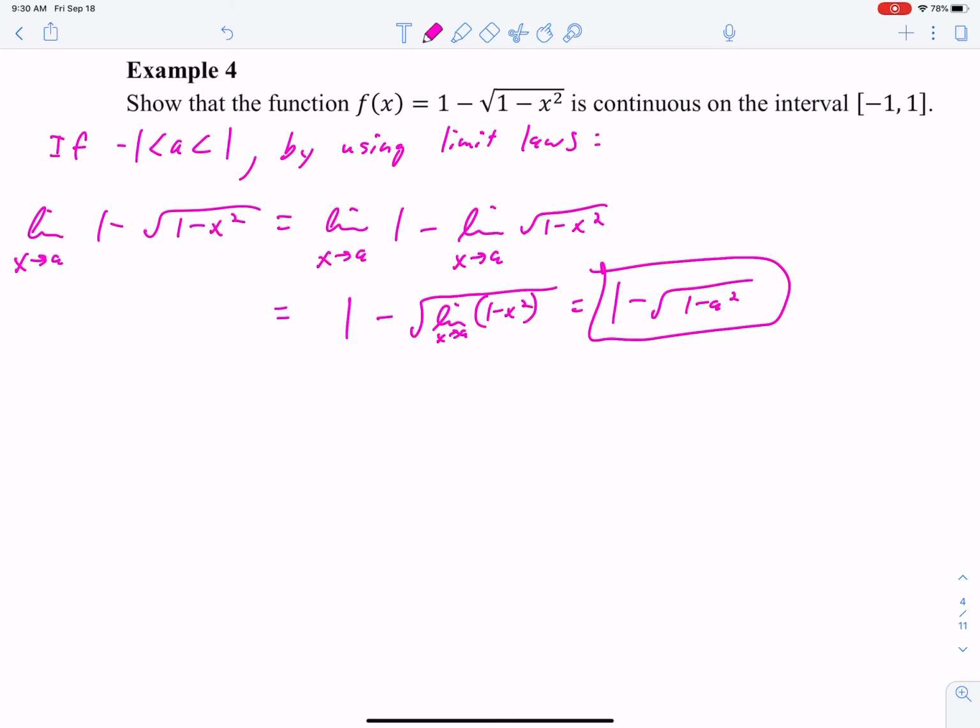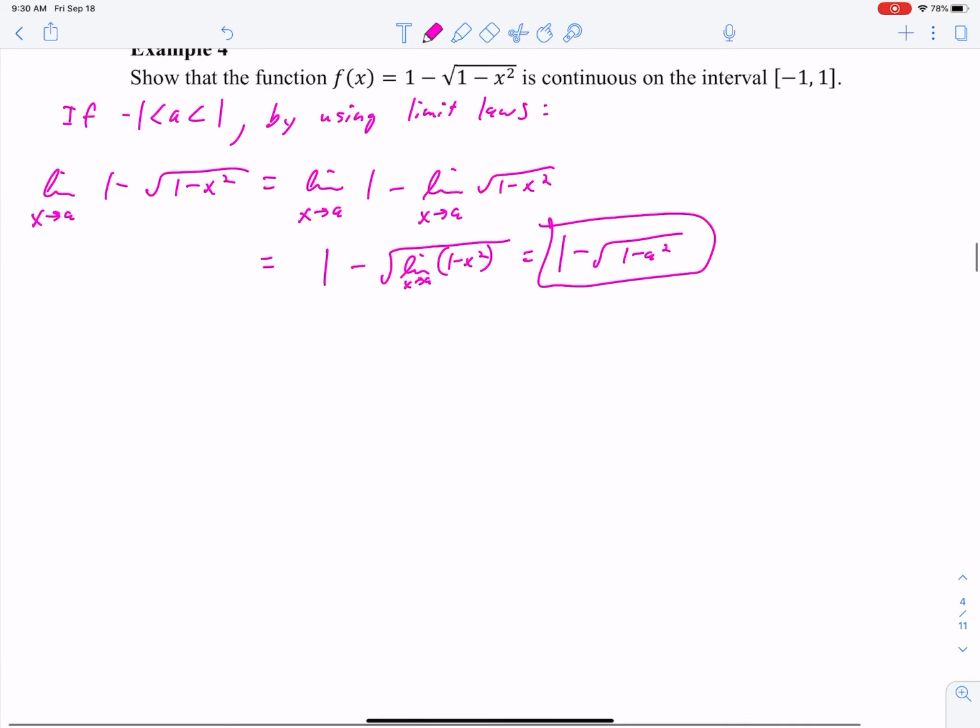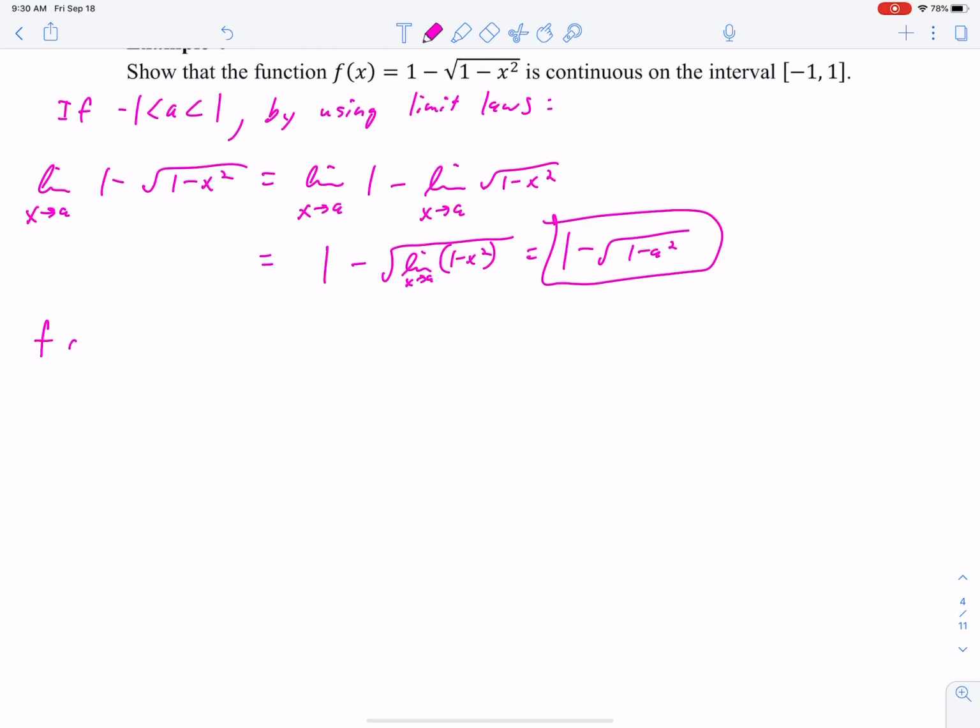So part 2 of the continuity definition says we need to make sure f of a is defined. Does f of a exist? In other words, can we plug an a into this function? Yeah, sure, why not? 1 minus radical 1 minus a squared. Well, look at that.